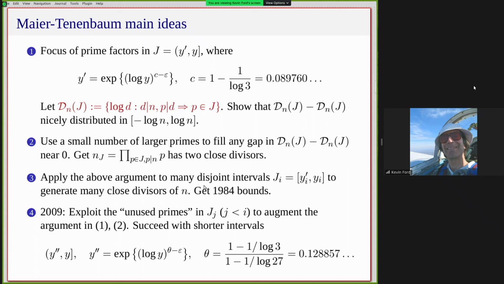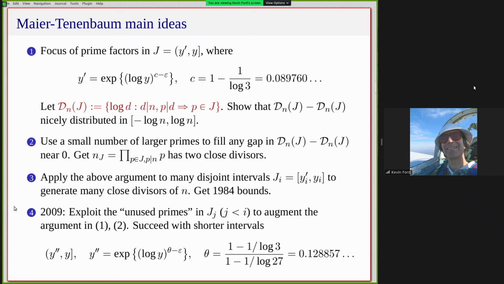Another idea was now to apply the same argument to many disjoint intervals of the same type. So you'll have two close divisors in one, two close divisors in another, and since they involve disjoint sets of primes, you can glue them together in all sorts of ways, combine them, and then get a large number of divisors in a relatively short interval. So 1, 2, and 3 correspond to their 1984 paper.